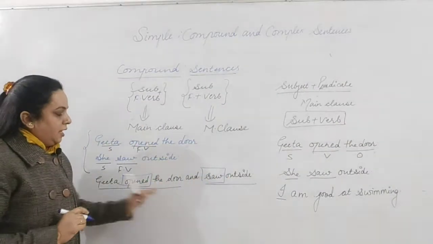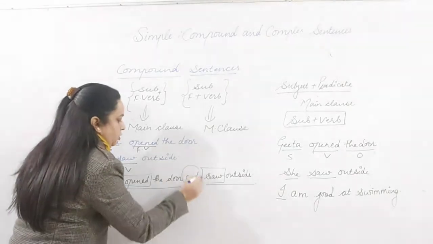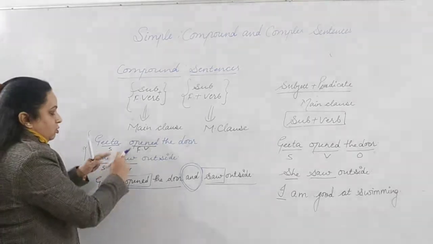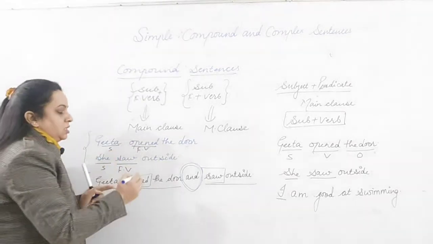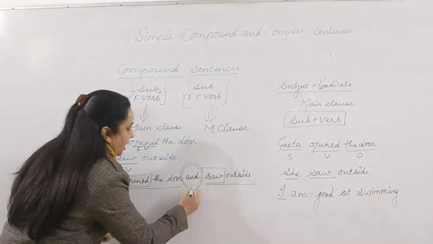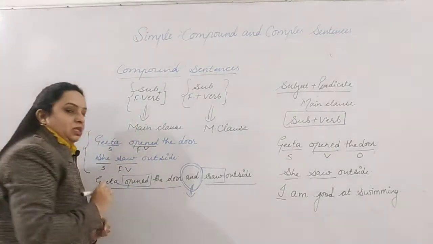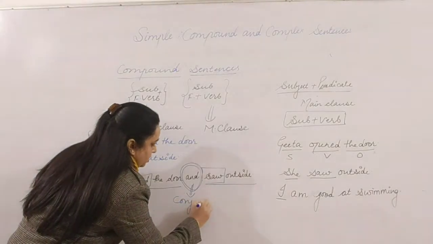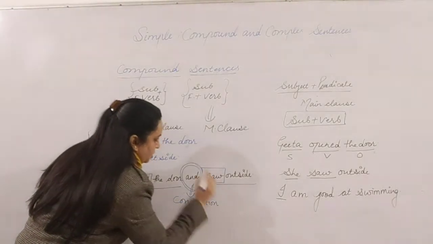And the second thing is that it's a combination of two simple sentences or two main clauses which we have written here. This is possible with the help of the word "and". This "and" is known as a conjunction.